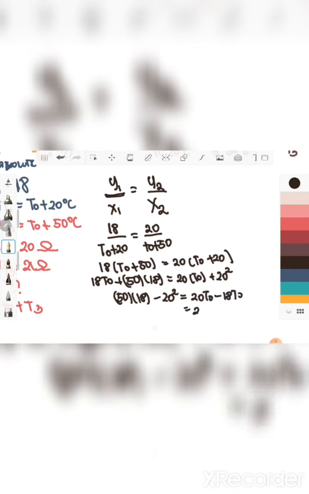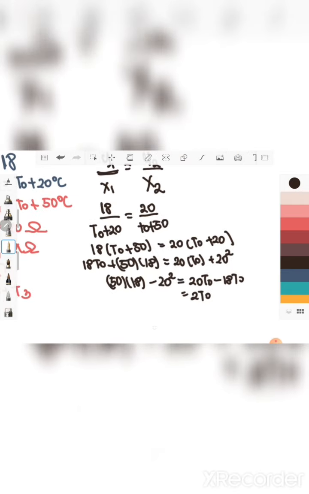So we have 2 TO is equal to 50 multiplied by 18 minus 20 squared. So gusto ko sanang ipakita using my calculator pero baka matagal ulit. Okay? So we have 500. So what is our TO therefore?